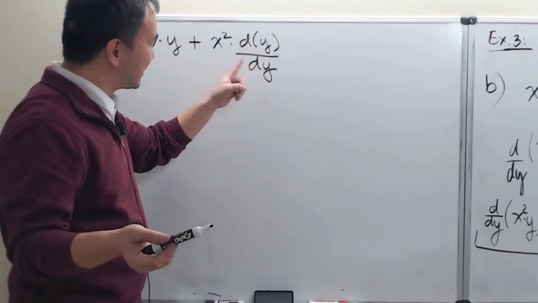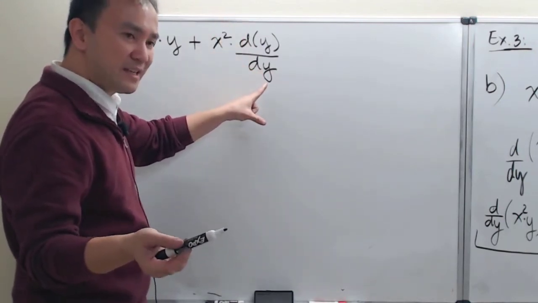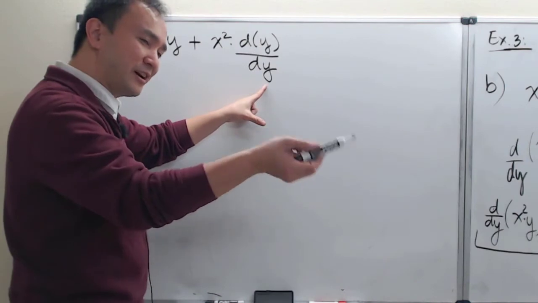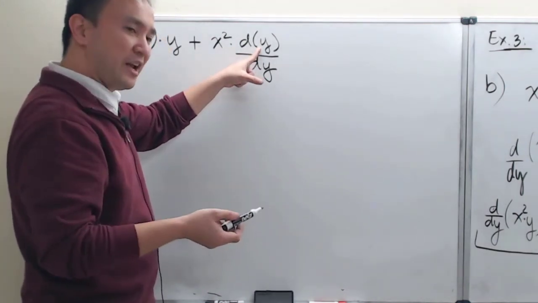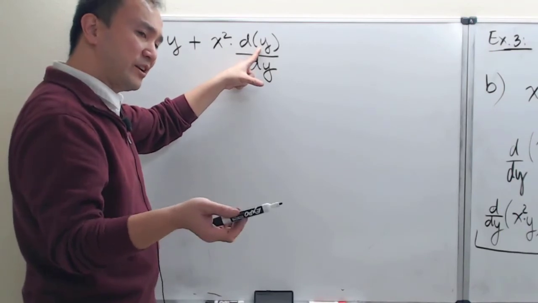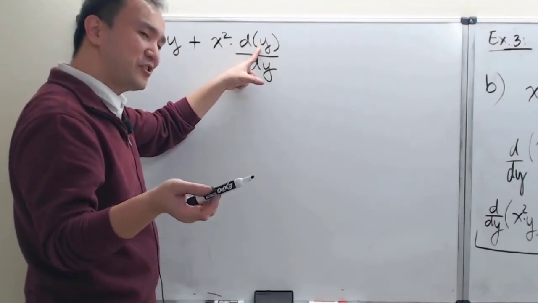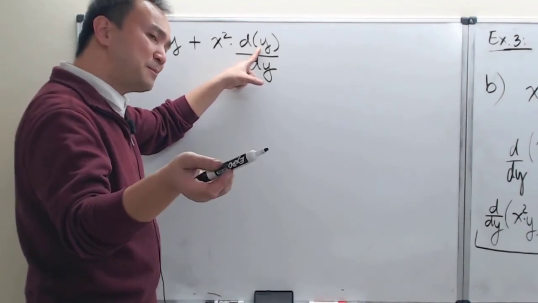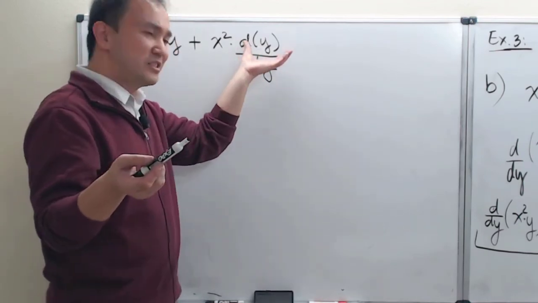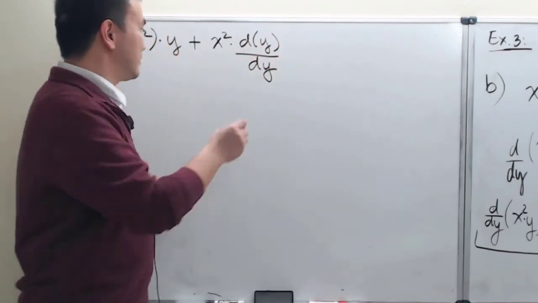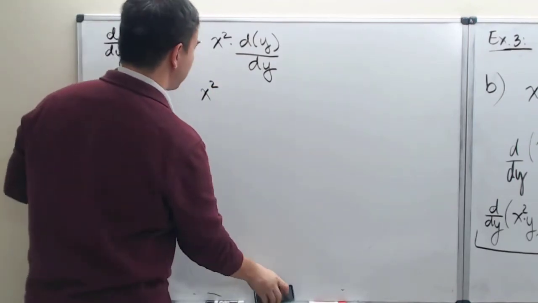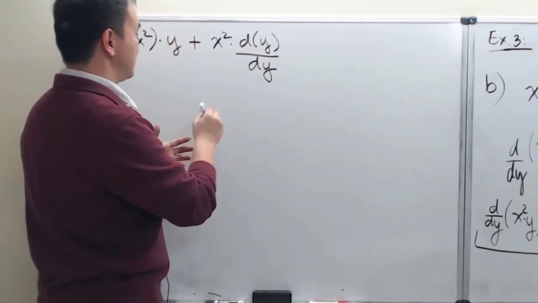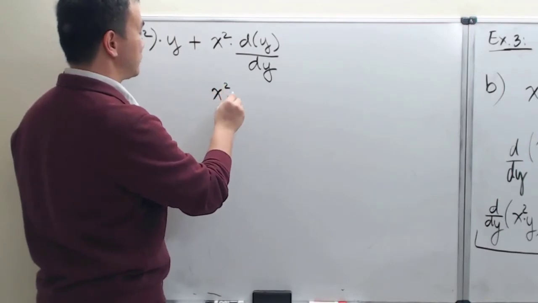The derivative here is targeting y as the main variable, so it's already in terms of y. It's y to the first power, and so you just simply apply the power rule. So that here becomes just x squared times 1.